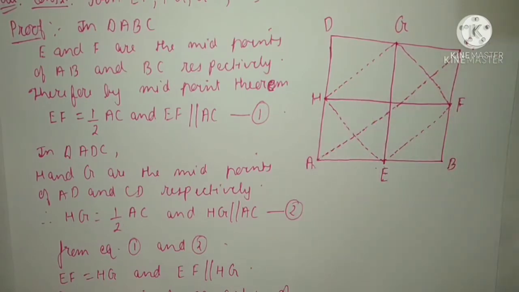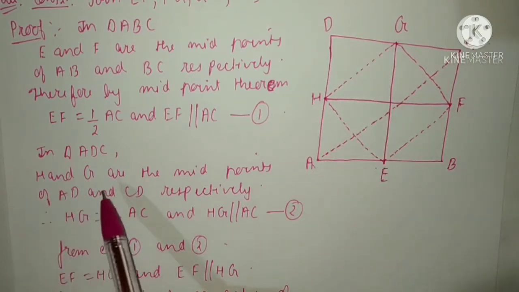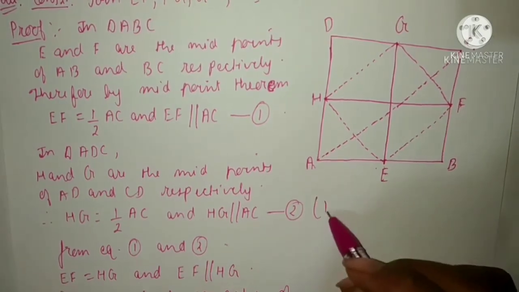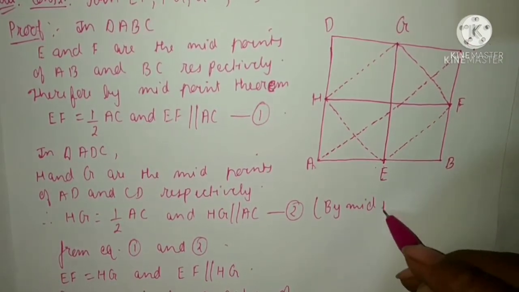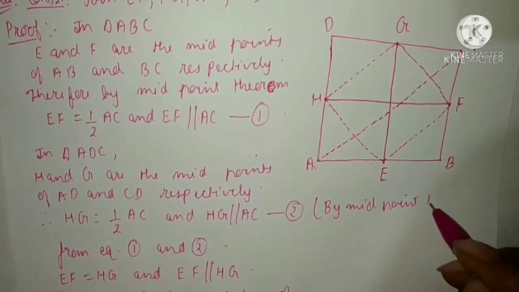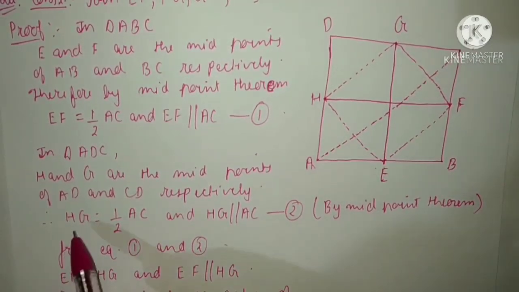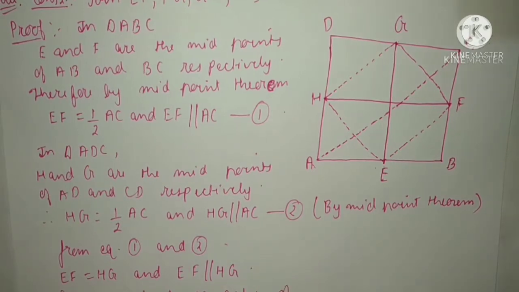So in this also we can write in triangle ADC H and G are the midpoints of AD and CD respectively. And if these are midpoints, then by midpoint theorem, HG will be half of AC and HG will be parallel to AC.